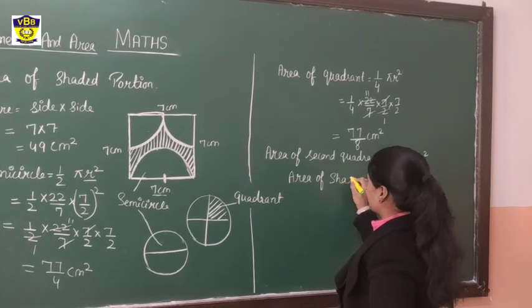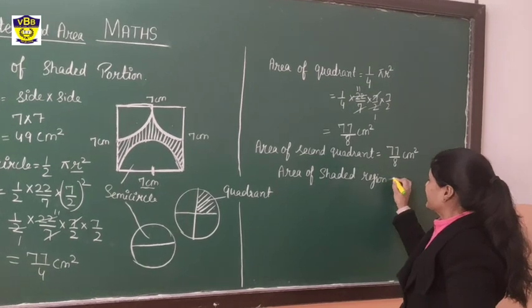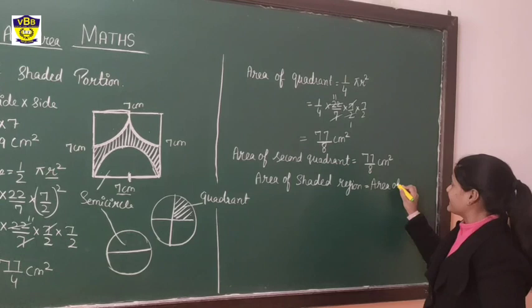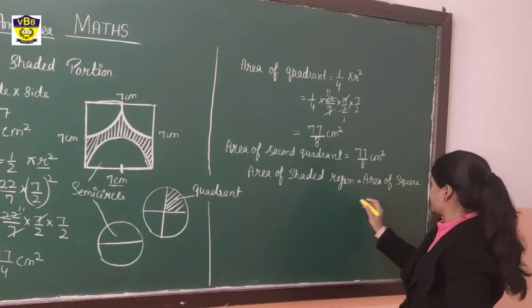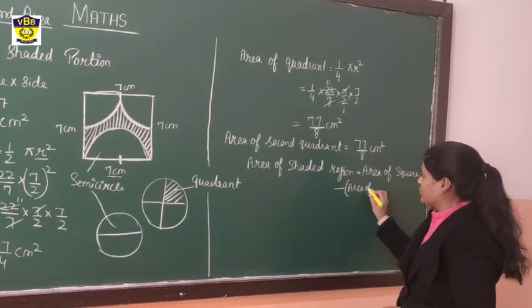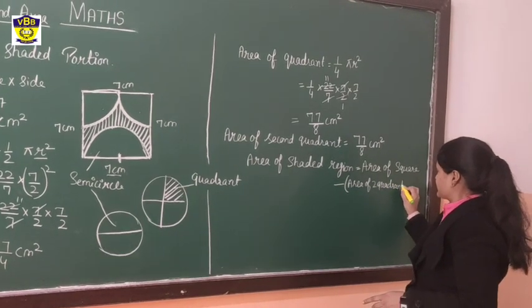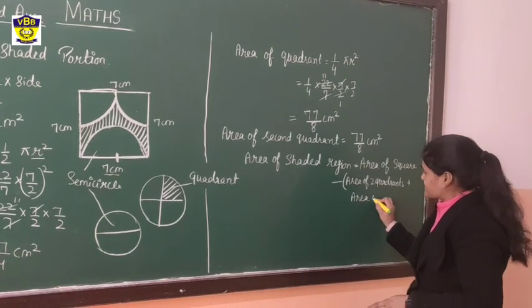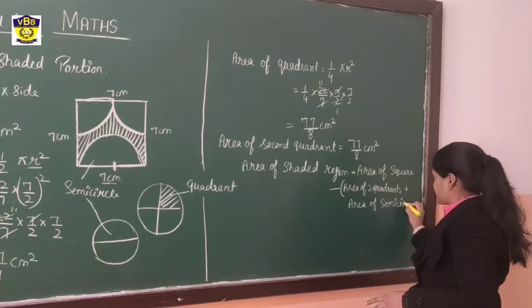How can we find it out? It is the area of the complete square, minus the area of 2 quadrants, plus the area of the semicircle.